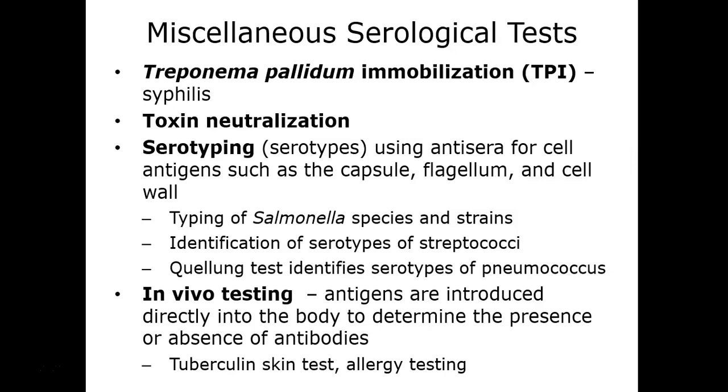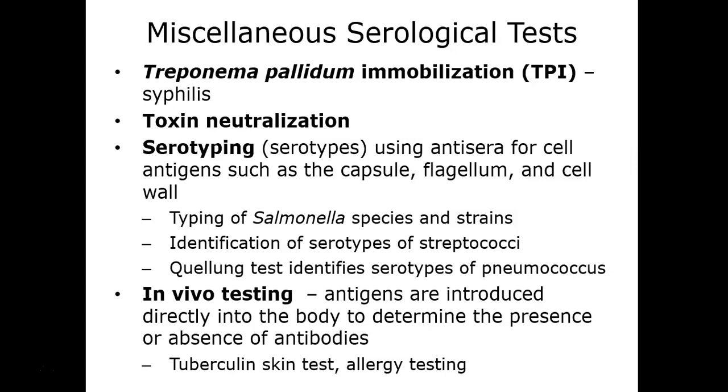This is useful for identifying different serotypes of streptococci. We also have what's referred to as the Quellung test, which allows us to serotype the capsular polysaccharide of pneumococcus. This is just another type of test that allows us to identify a particular type of organism.